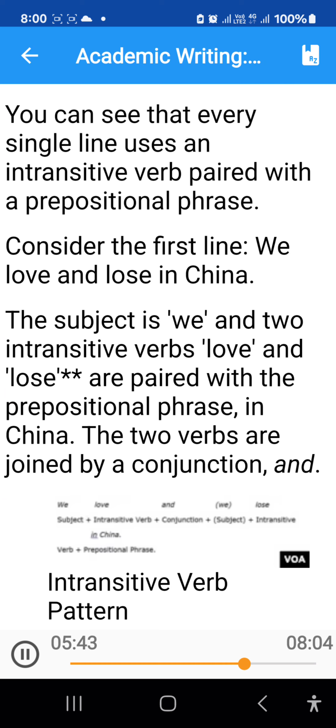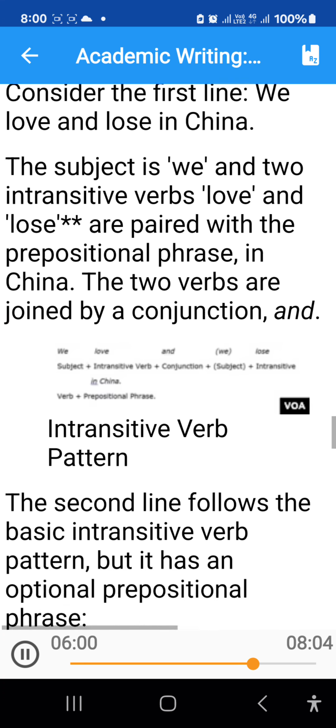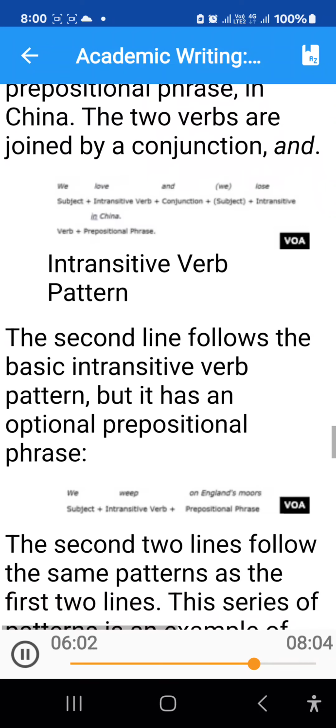Consider the first line, we love and lose in China. The subject is we, and two intransitive verbs, love and lose, are paired with the prepositional phrase in China. The two verbs are joined by a conjunction, and.